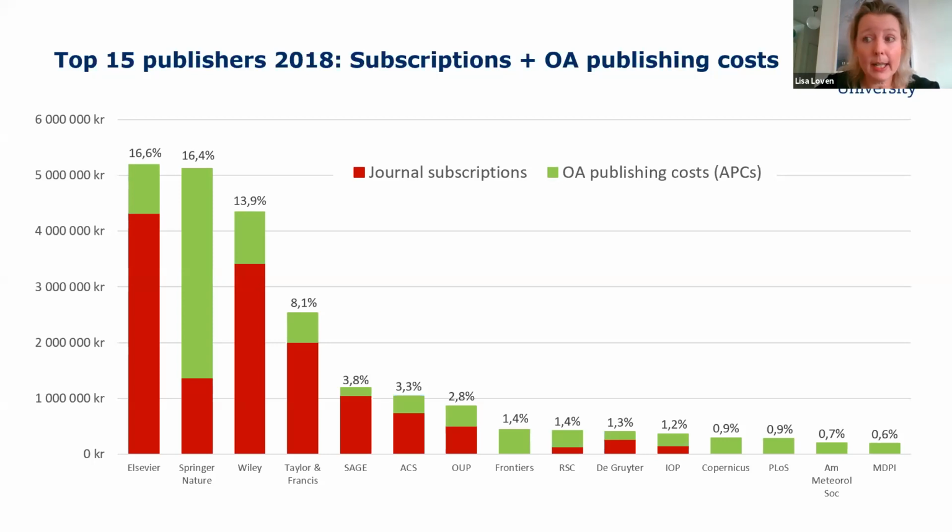Elsevier used to be twice as much in yearly subscription costs, but since we cancelled our former Elsevier agreement in the middle of 2018, the red part of the column here only covers subscription costs for 6 months. But still, they managed to be the number 1 publisher when it comes to total costs for publishing and subscription in 2018.